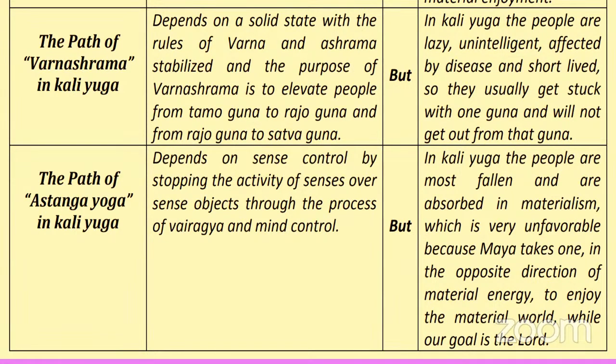And Maya takes the jiva in the opposite direction to enjoy the material world, while our goal is the Lord. Our goal is Krishna, which is in the opposite direction, east side. But because of Maya's pull, the jiva is traveling towards west, the opposite direction.